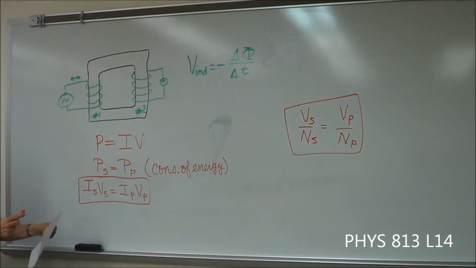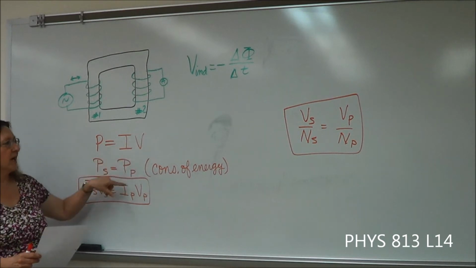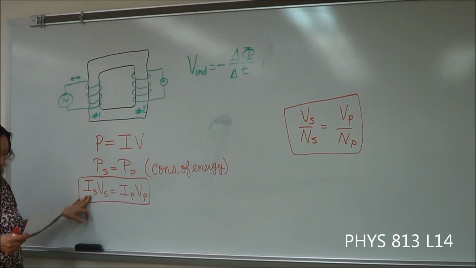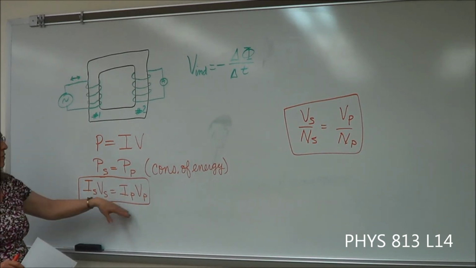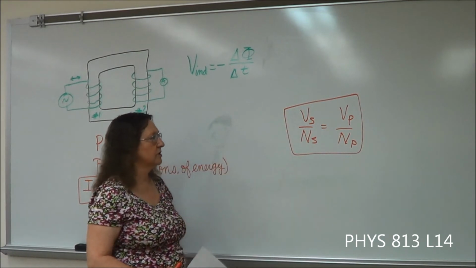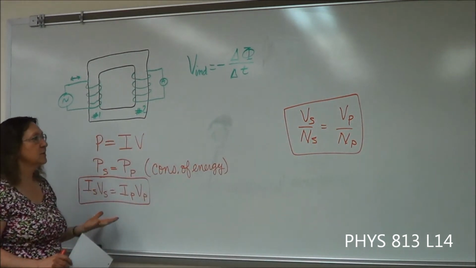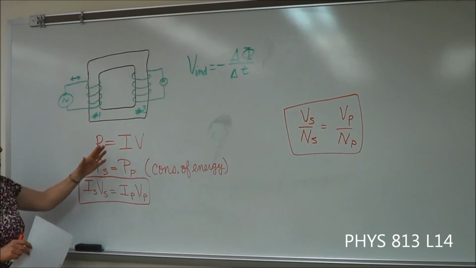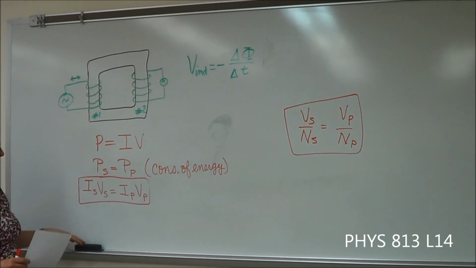Okay? Then the last equation is to sort of combine these two. You might want to know something about current, but you might want it in terms of the number of turns instead of the voltages. So we're going to put those together to get an equation so that you wouldn't have to use both of these to solve.